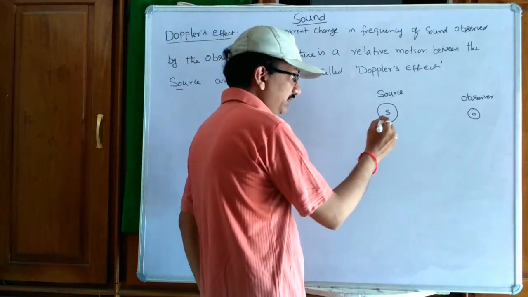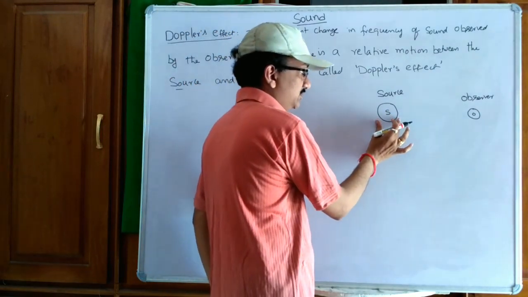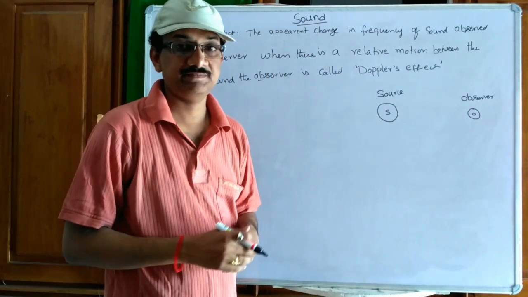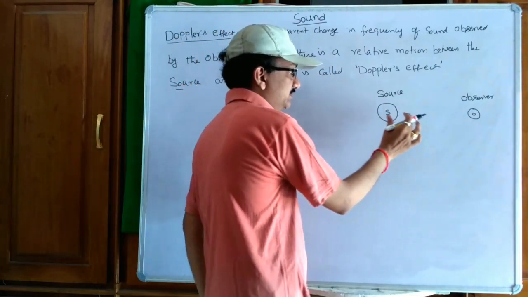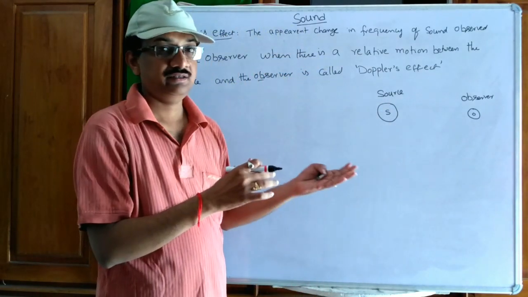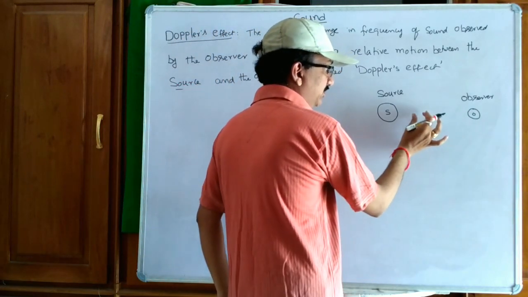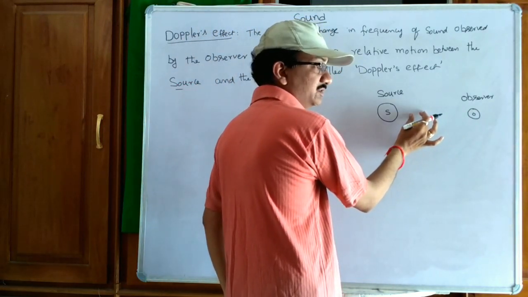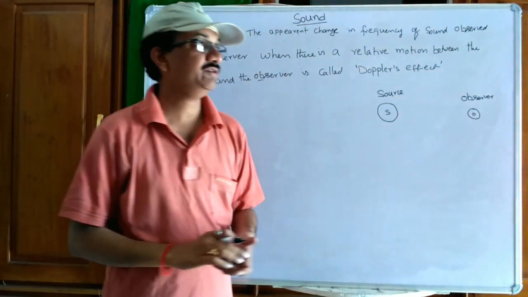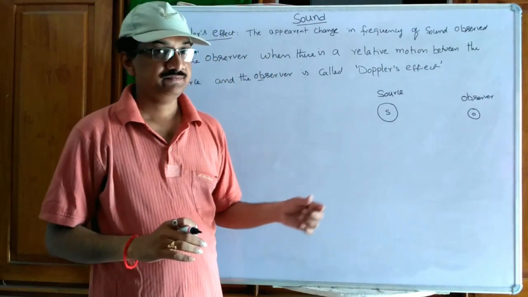So in this concept we have to observe what happens when the source is moving towards the observer, when the source is moving away from the observer, when the observer is moving towards the source, and when the observer is moving away from the source. Here we have to find out the four cases.